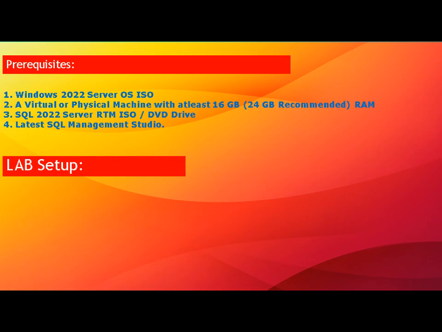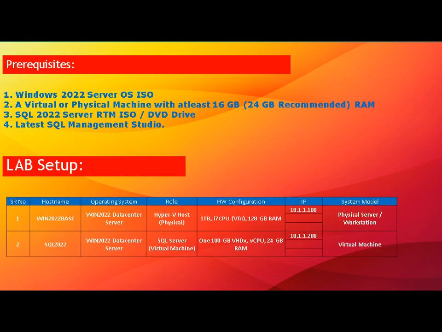So what will be our lab setup for this particular video? It's the same lab setup we covered in the previous video also. The first machine is our Windows 2022 base, running on Windows 2022 Datacenter Server operating system. Its role is Hyper-V host. It's a physical machine with a 1 TB hard disk, the latest i7 CPU with VT-x technology, and 128 GB RAM. Its local IP is 10.11.0.0 and the system model is a physical server or workstation. The second machine, which we verified 5 minutes back, is a virtual machine we just created as a fresh VM.